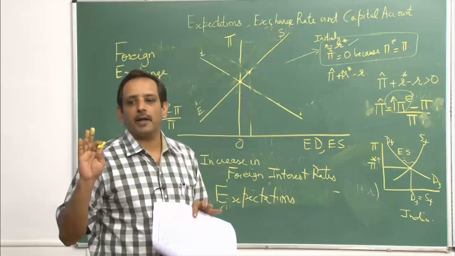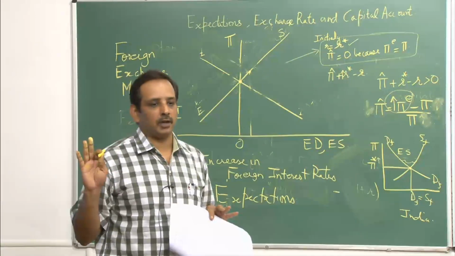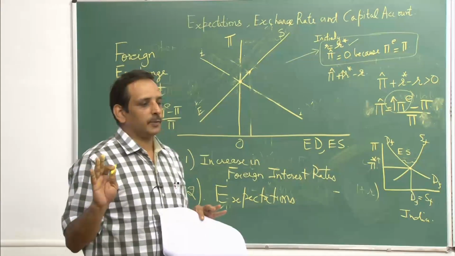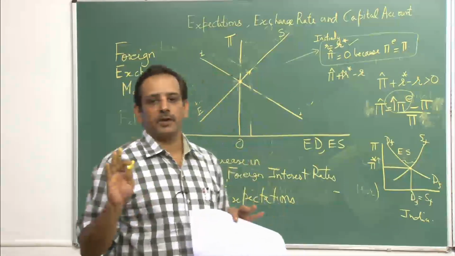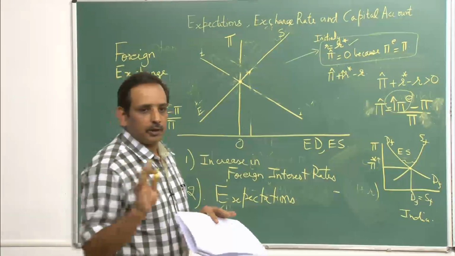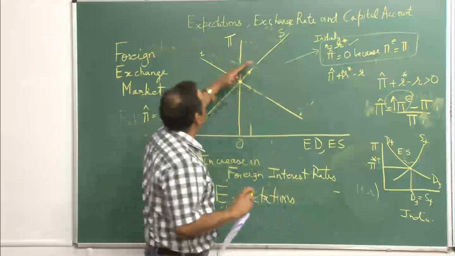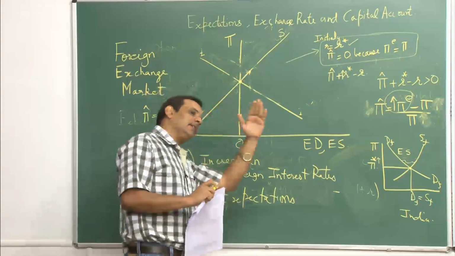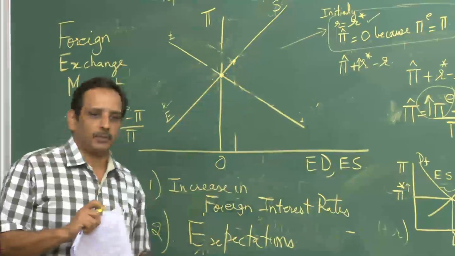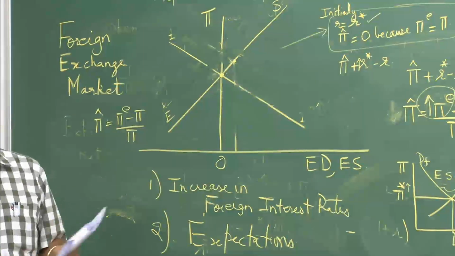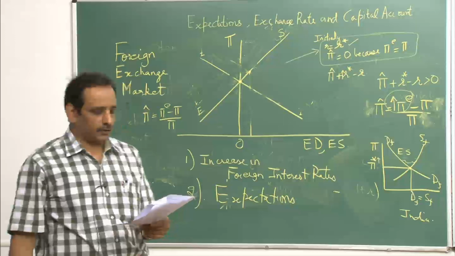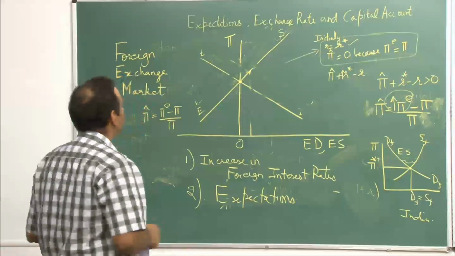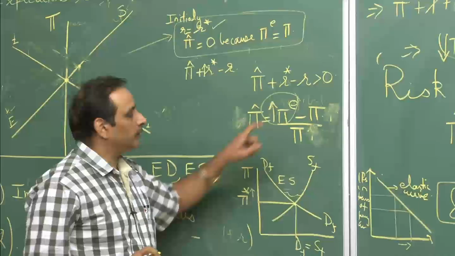So, here I am bringing expectations. Your expectations are that country's expectations are that your currency may depreciate in future. In this diagram, it means you anticipate that the ES curve will shift up. You fully anticipate that your ES curve will shift up. So, that pi e goes up.